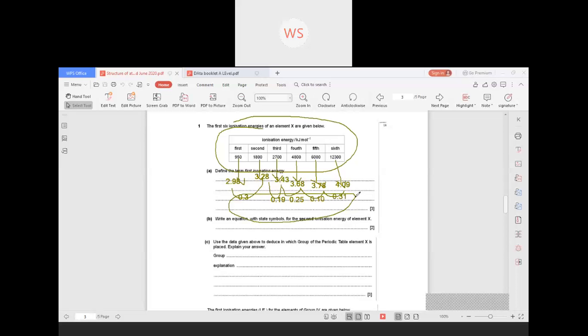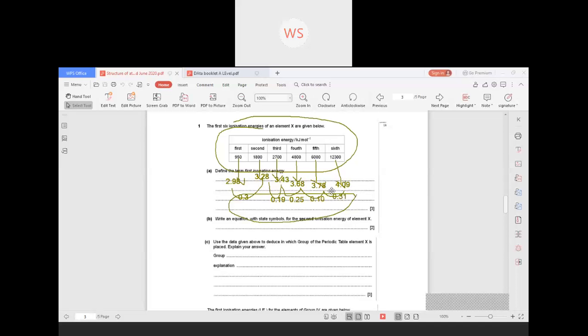We make them into log numbers because logarithmic numbers become smaller, very small numbers, easy to calculate. Then we find the difference between each number, and the highest difference means an inner electron is being taken out.